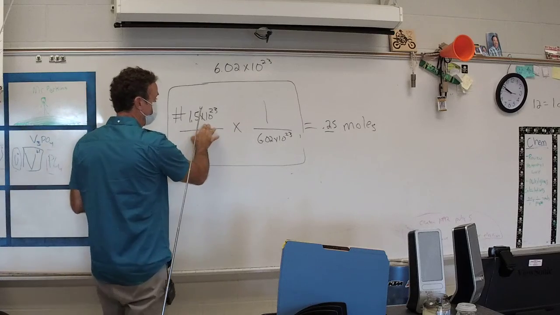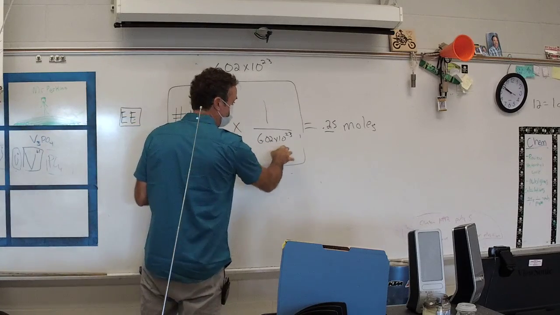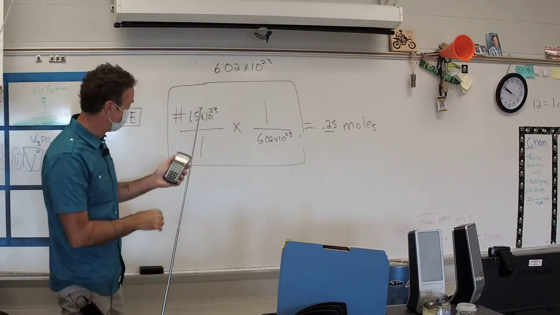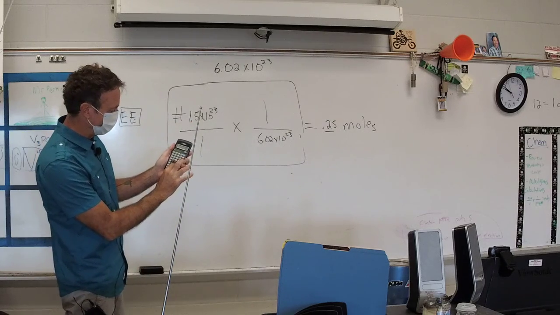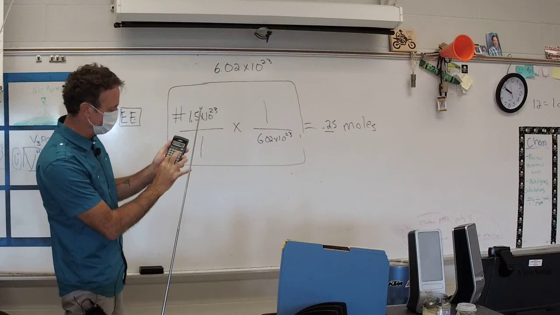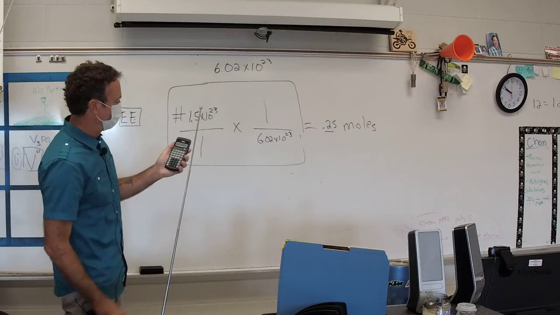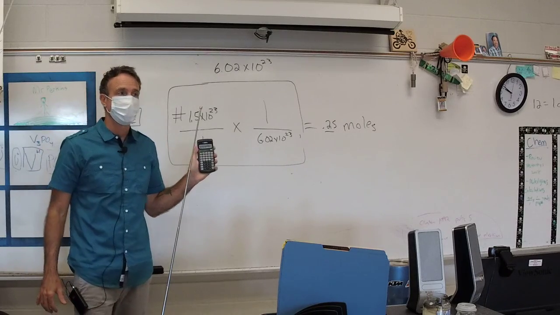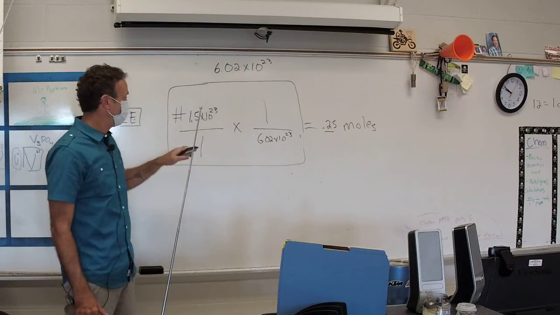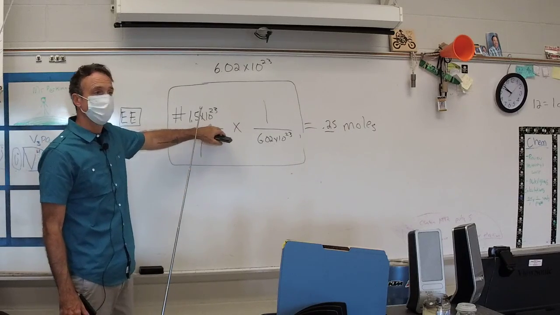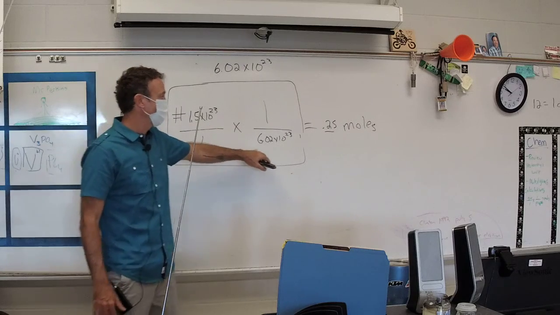1.5 times 10 to the 23rd times 1 over 6.02 times 10 to the 23rd. In other words, 1.5 times 10 to the 23rd divided by 6.02 EE23. That gives you 0.25. So if you have this many atoms of sodium, you only have 1/4 of a mole.